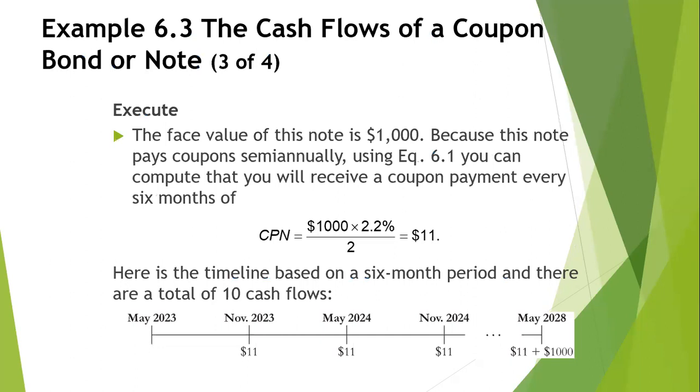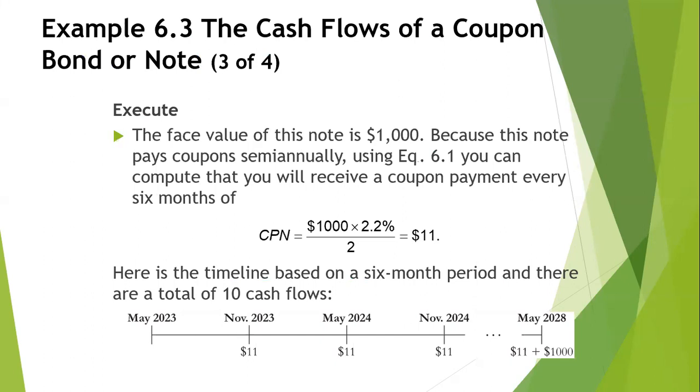To execute, the face value of this note is $1,000. Because this note pays coupons semi-annually, using Equation 6.1, you can compute that you will receive a coupon payment every 6 months of $11. That is the formula: CPN equals $1,000 times 2.2% divided by 2, meaning twice a year, which is $11.